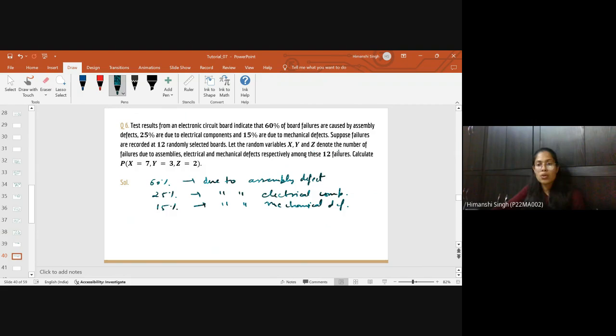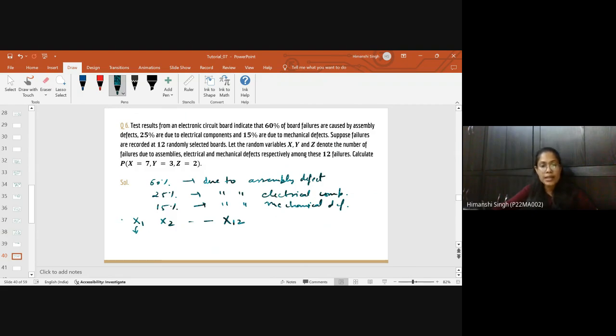Suppose failures are recorded at 12 randomly selected boards. So we have selected 12 boards randomly and recorded the failures. We have x1, x2, and so on, 12 boards recorded. Now for each xi, we say this is a failure. Is it because of the assembly defect, or the electrical component, or the mechanical defect?